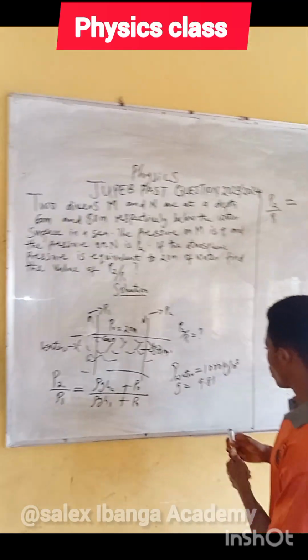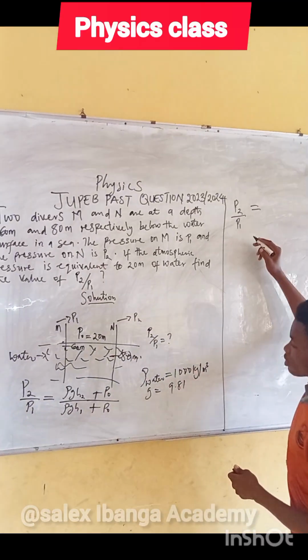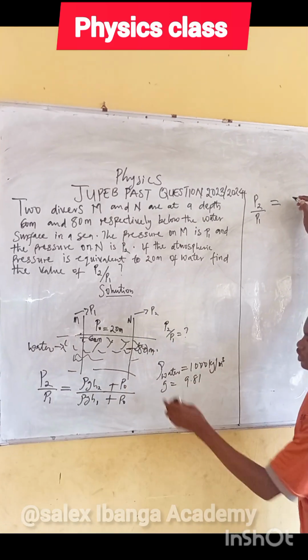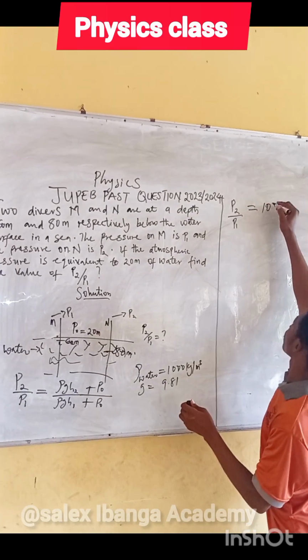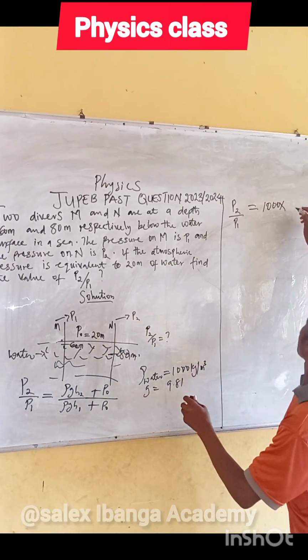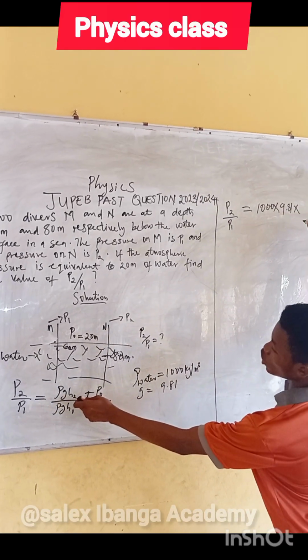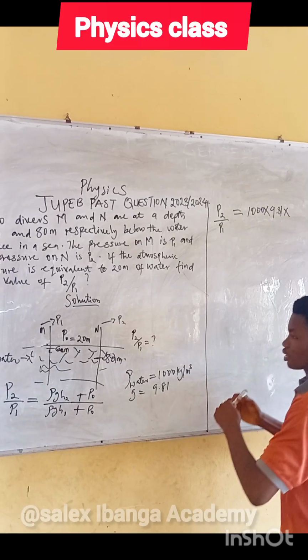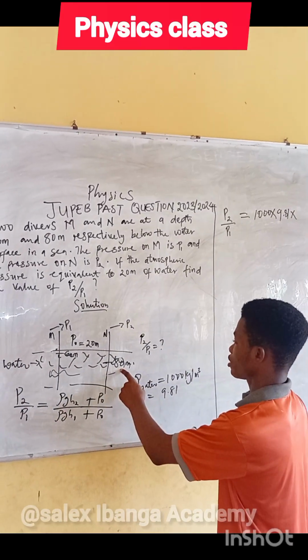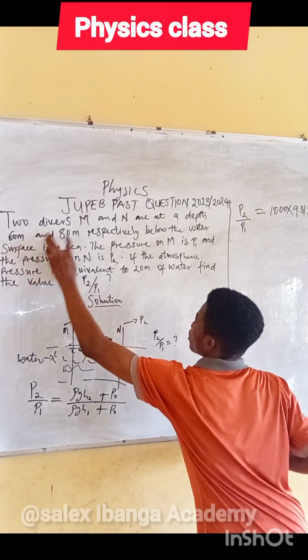So now, quickly substitute this inside here. So rho g h: density of water is 1000 times g, 9.81, times height 2. Height 2 is 80, because this is height 1, height 2.